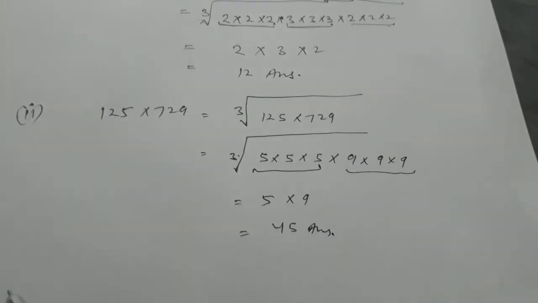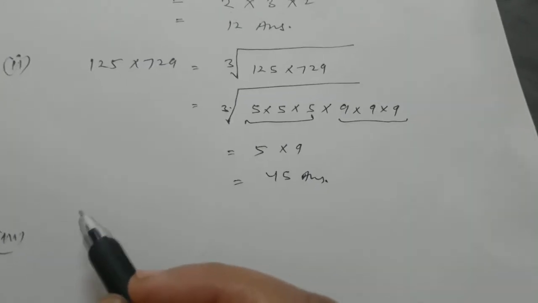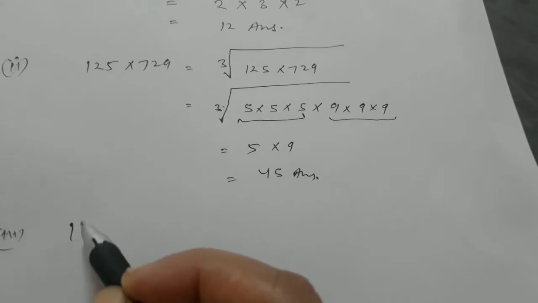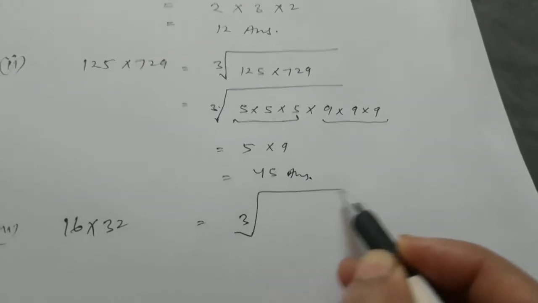Now come to the third part. The third part is minus 16 into 32 cube root.